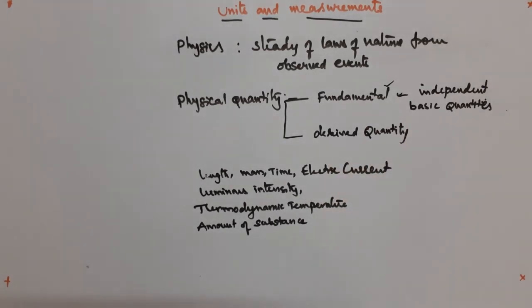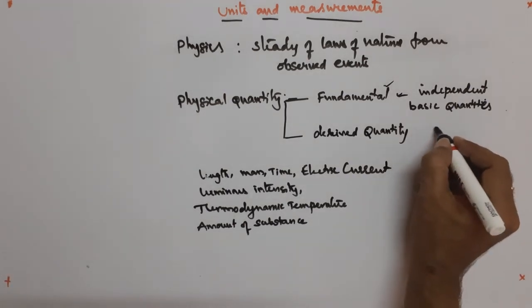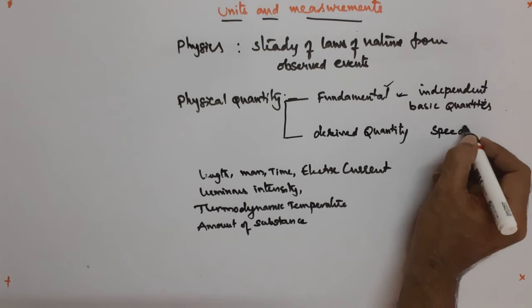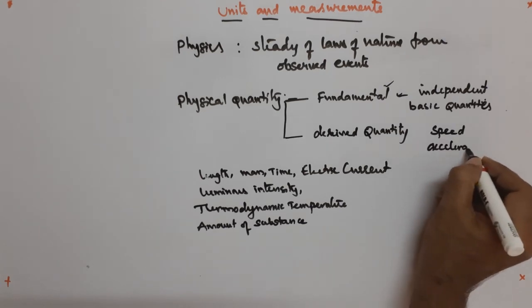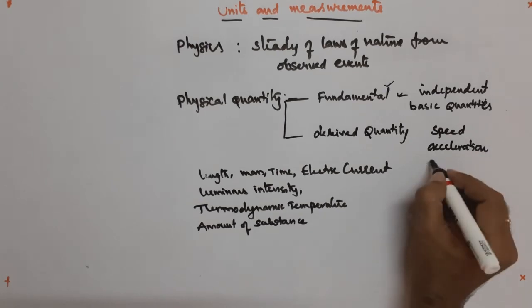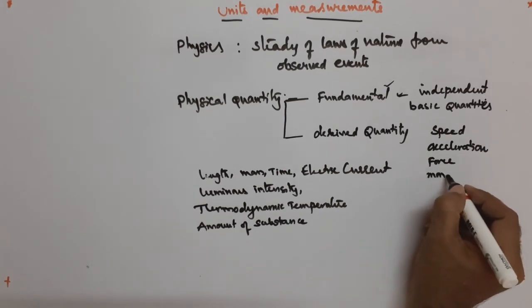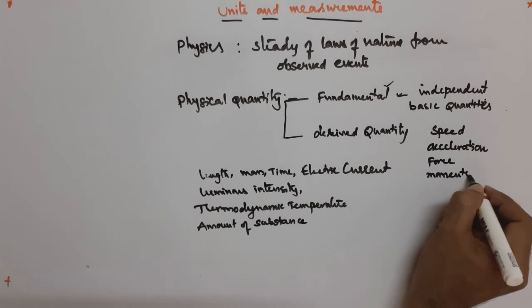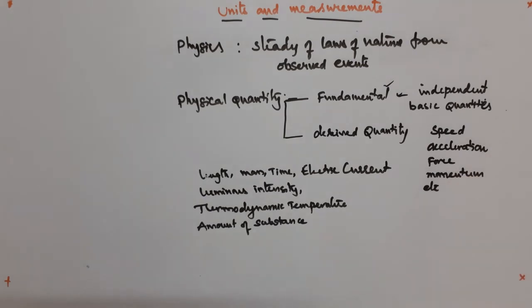Now the examples for this are speed, acceleration, force, momentum, etc. These are some of the examples for derived quantities.